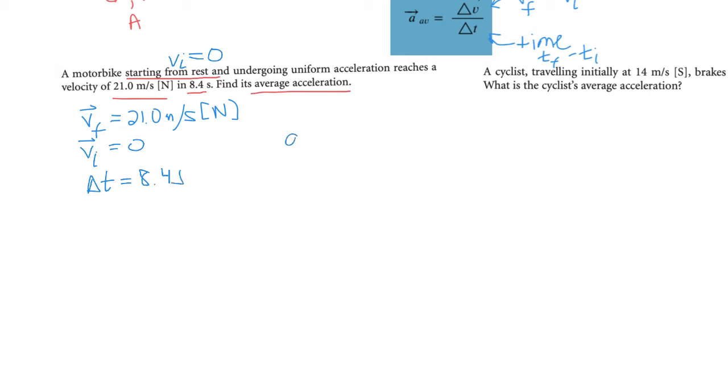And we need to find our acceleration. So once we have listed everything, this is a really key step when you're doing acceleration problems, to list everything, because it will really help you out. And once we have that, then we can just take our formula that we have up here and sub in and find our acceleration.